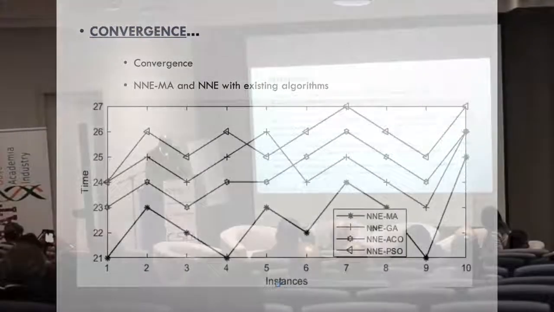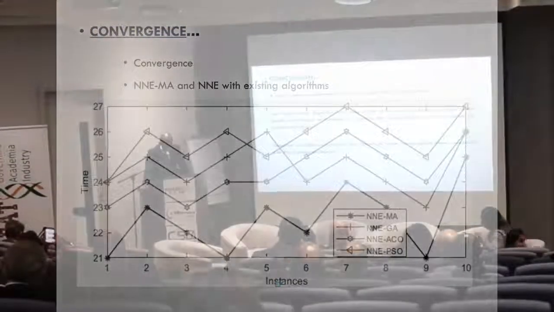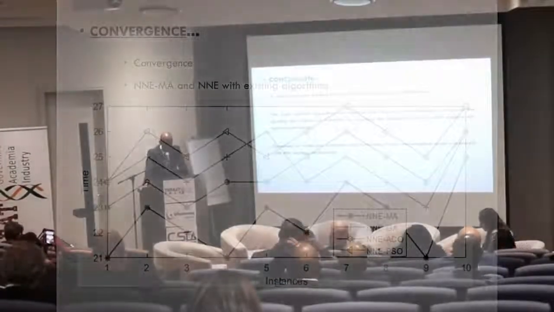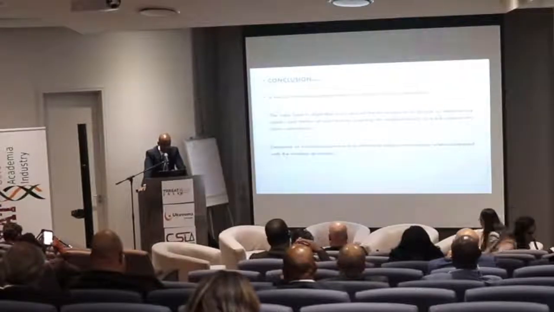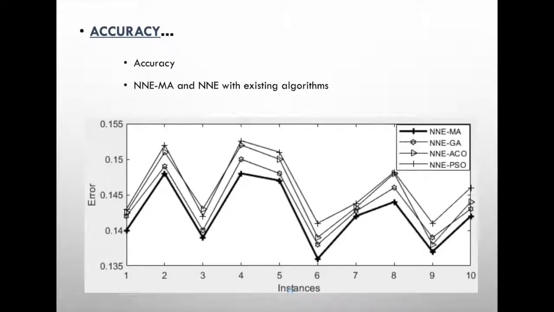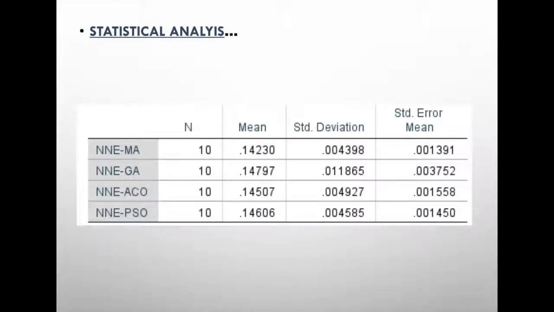So the closing statement, conclusion: we prove our hypothesis that the neural network ensemble, based on a hybrid search mechanism, is really an efficient way of detecting dynamic and complex malware, especially in today's age of big data.